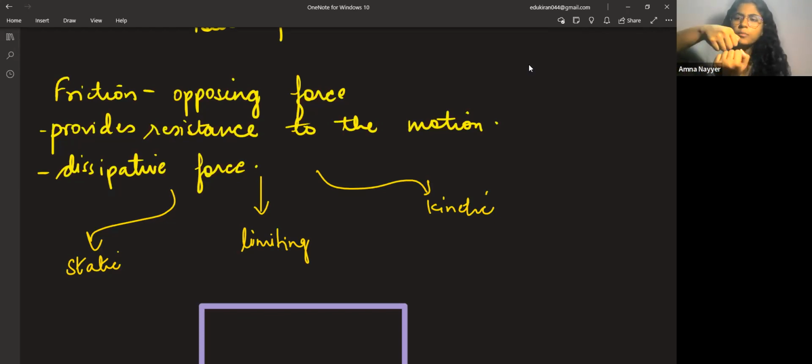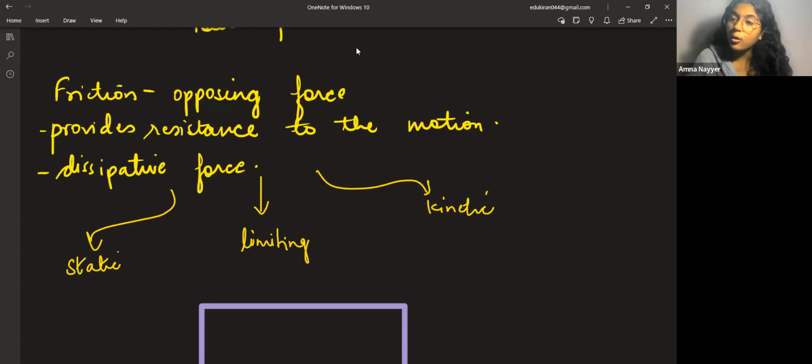So when two objects are kept like this, nothing happens. But as soon as they are rubbed against each other, what happens? Can you see these irregularities? They are rubbing against each other, right? When the irregularities get interlocked and start rubbing each other, that leads to production of heat.